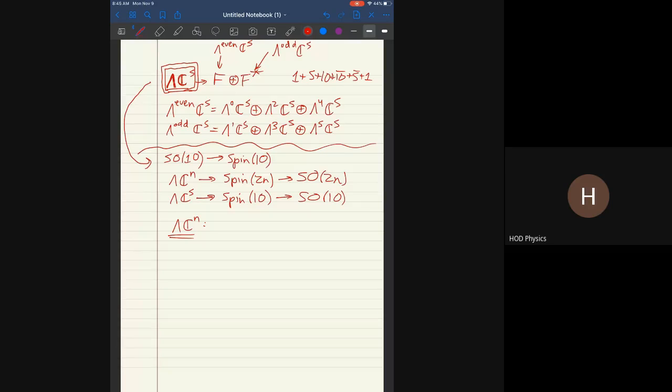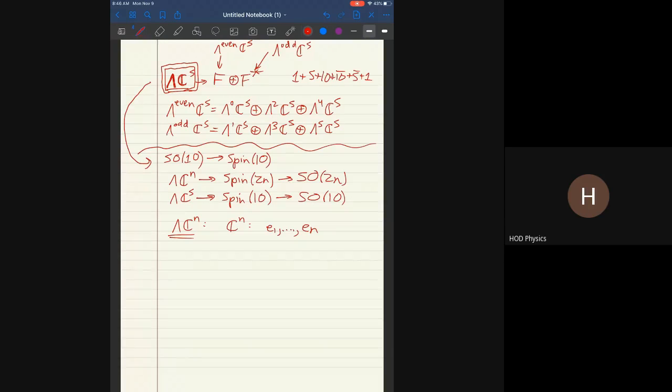Again, if we have C^n, the n-dimensional complex vector space, let's call the n orthogonal basis vectors E1 through En. And then we saw that the basis elements of Lambda C^n were obtained by taking antisymmetric wedge products of those basis elements in all possible ways.